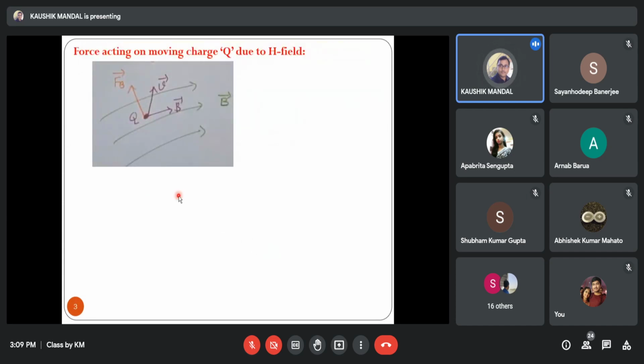Once again, we have considered a moving charge Q that is moving with a velocity of v under the uniform magnetic field B. If this is the vector B, the direction of magnetic field, and this is the direction of velocity v, then you can find out the direction of force on this charge due to the magnetic field according to the right hand thumb rule.